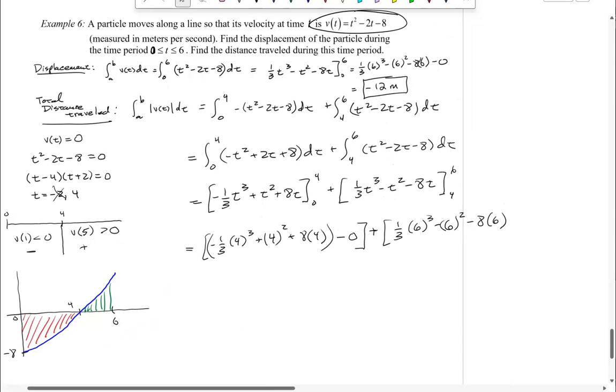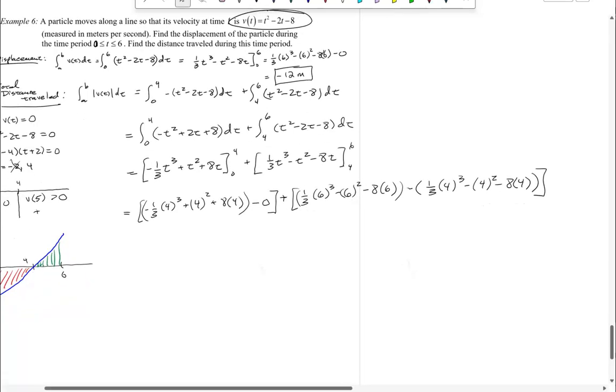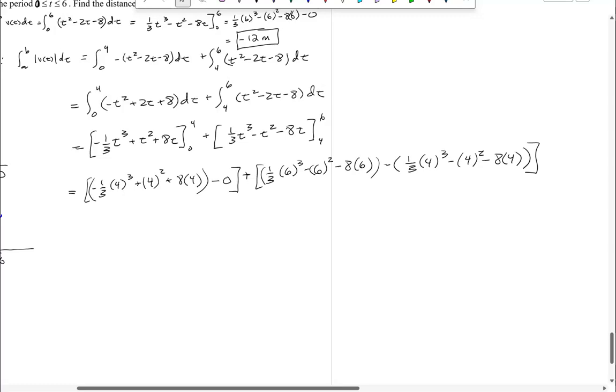I'm running out of space here, but now we've got to subtract off plugging in 4: 4 to the third minus 4 squared minus 8 times 4. It's going to be arithmetically annoying, right? There's a lot of math that needs to be done here, but the concept is there. We have the basic idea of what's happened.